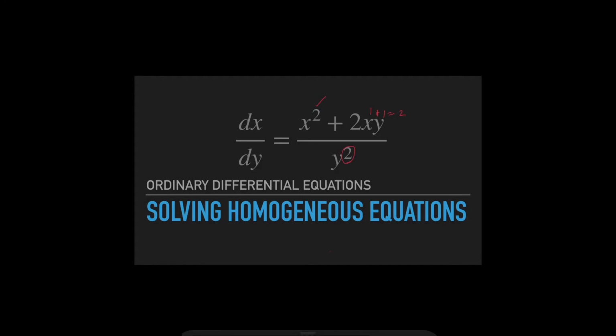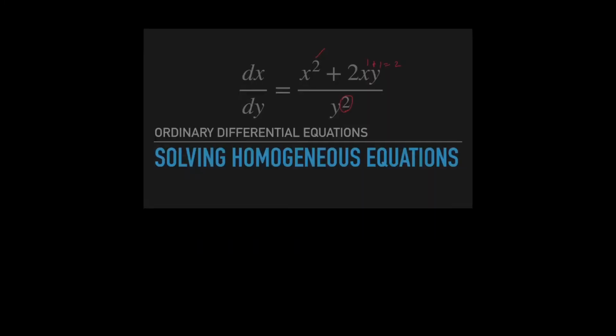So the sum of the exponents in all the terms are the same. So here 2, 2, and 2. So you can check that it is a homogeneous equation.